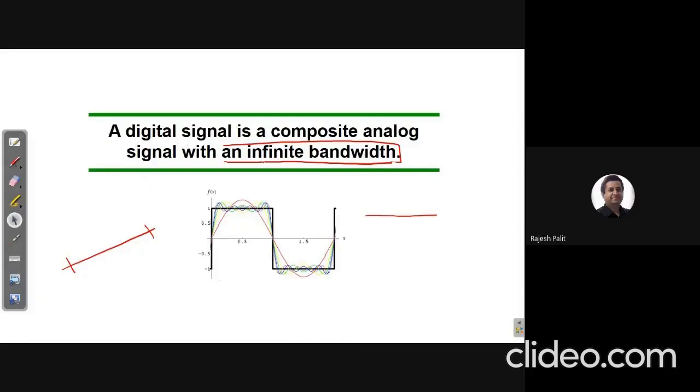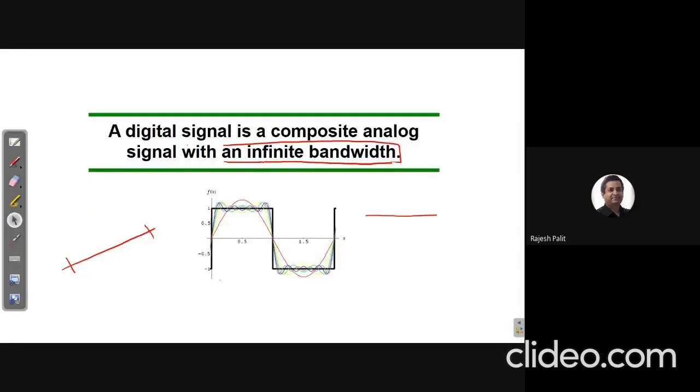Now the question is, from these 3 points, non-periodic, then continuous frequency, and then infinite bandwidth.